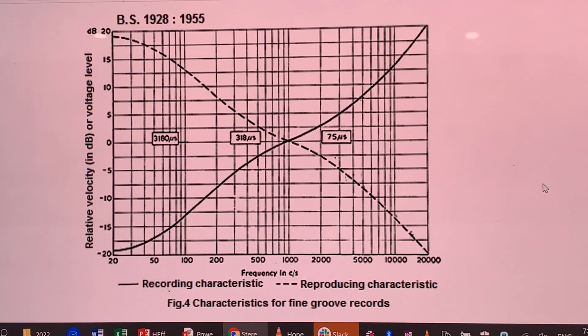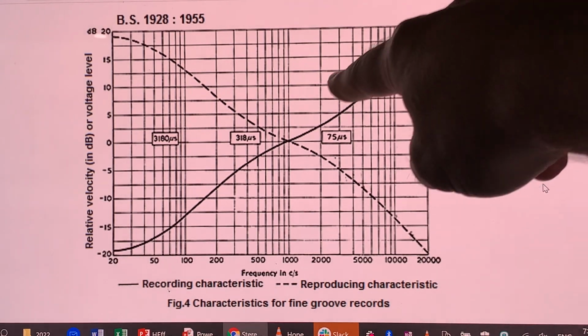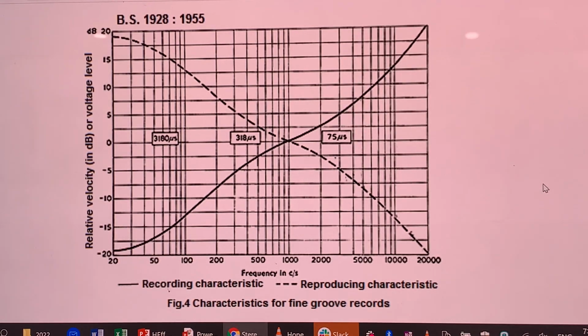So even though the RIAA curve that we use is a compromise that was invented in order to be able to squeeze low frequency material onto a record, it also has an upside, and the upside is that the high frequency material is stored, to say it in modern language, at a much higher information density than the rest of the material.